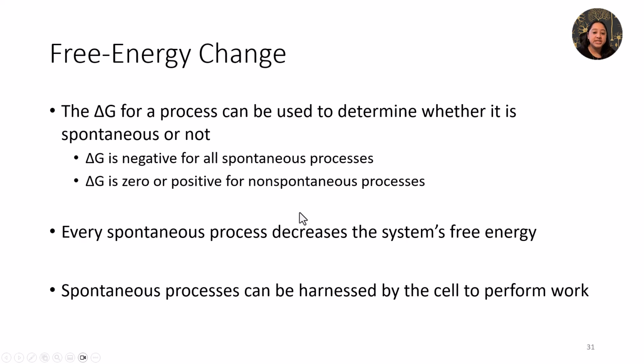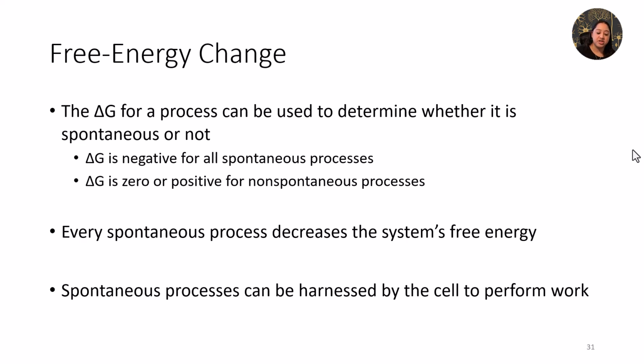But what we're really concerned with right now is just the idea of changes of free energy, so delta G. The delta G, change in free energy, for a process can be used to determine whether it is spontaneous or not. So if you do all these calculations and you get a value for delta G, if it's negative, then that means this process is spontaneous.